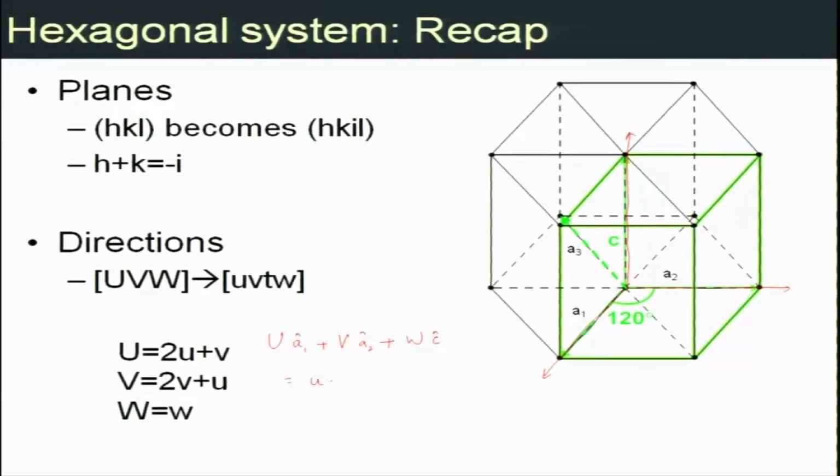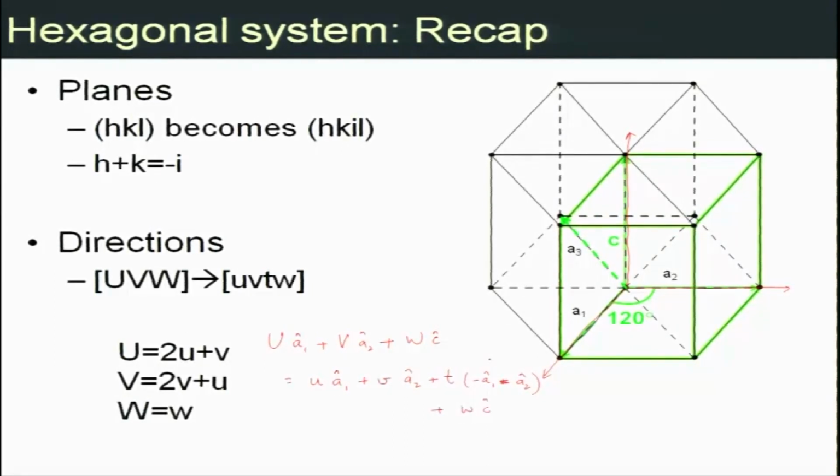This can be represented as U A1 hat plus V A2 hat plus T. Now what is T? It is along A3, and A3 is minus of A1 hat plus minus of A2 hat plus W C hat.